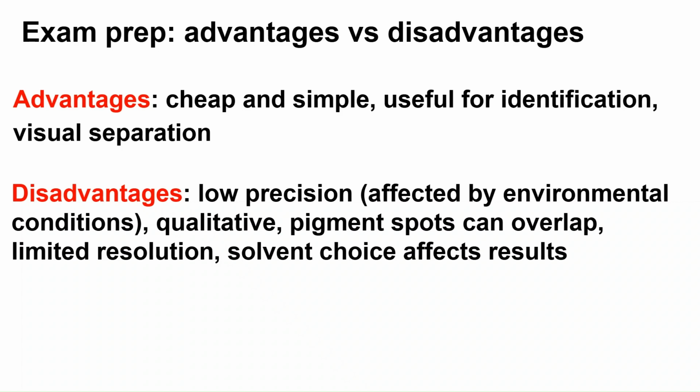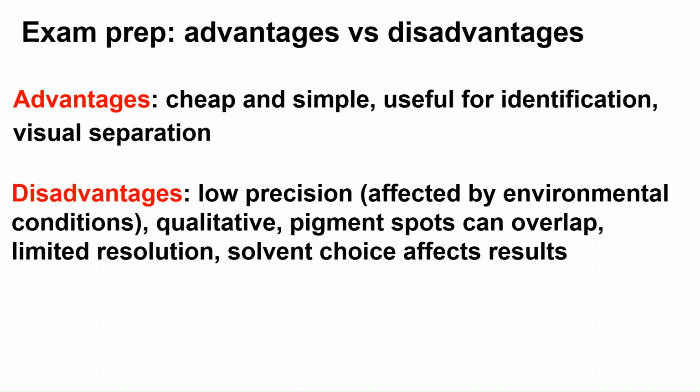The advantages: the apparatus or equipment that you use is simple and cheap, and it's quite a visual experiment, because you can see the different pigment spots, so the pigments are visually separated, and it's useful for identification.